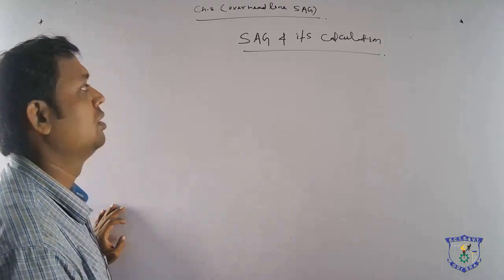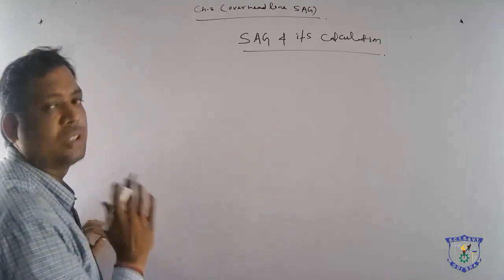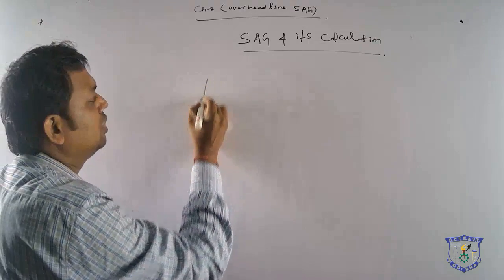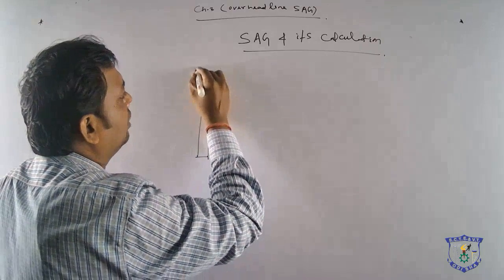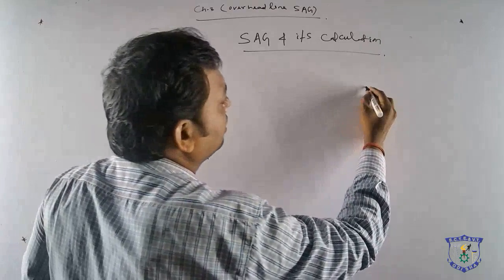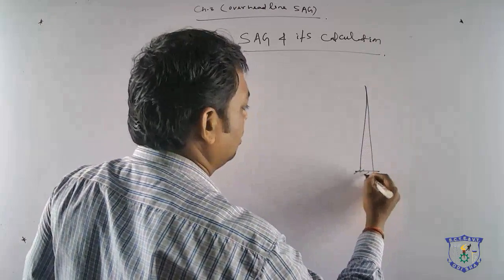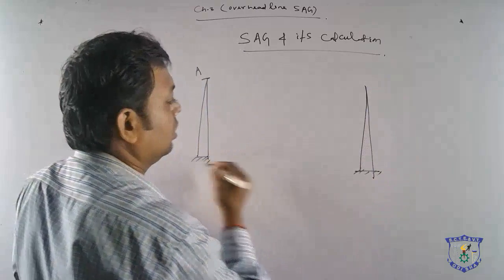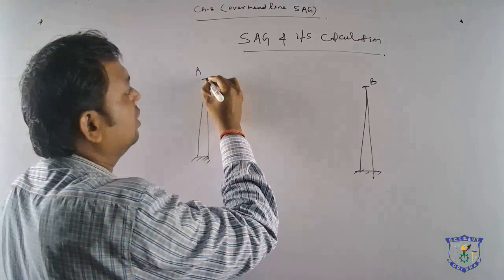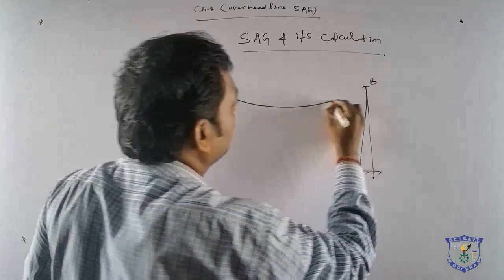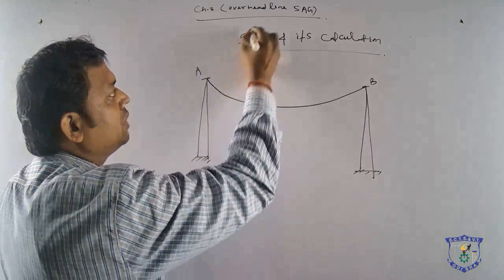After the generation of electricity, we can transmit that electrical power over a long distance with the help of conductors and supports. Suppose this one is one support, let it be A. This one is another support, point B, and you can run the conductor from A to B. So what is the definition of sag?